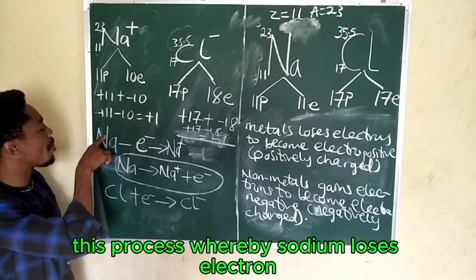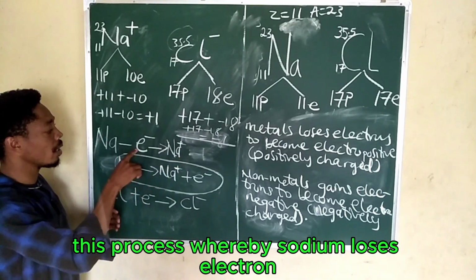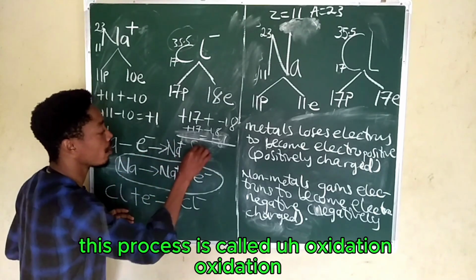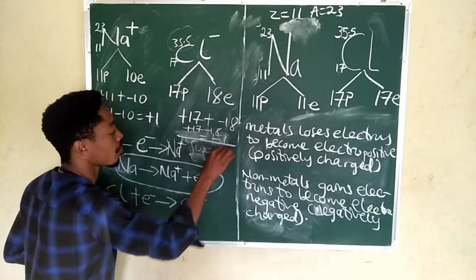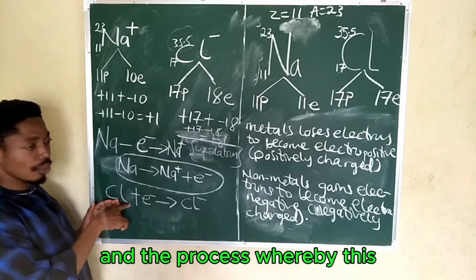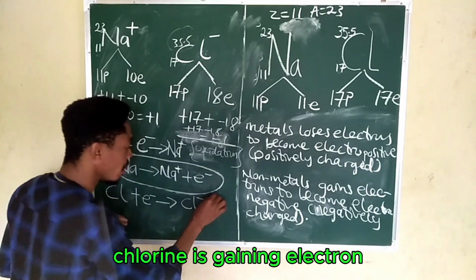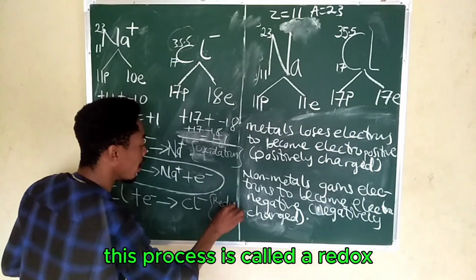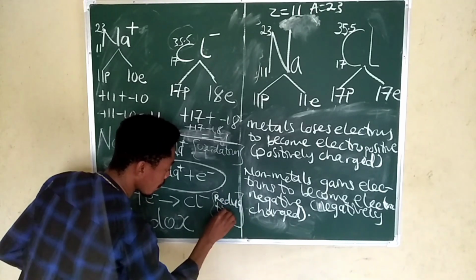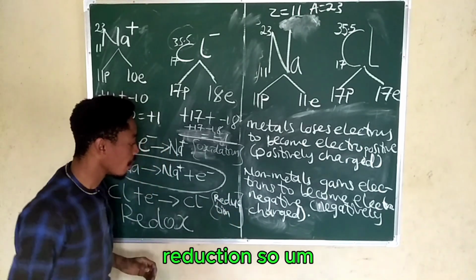This process whereby sodium loses an electron is called oxidation. And the process whereby chlorine is gaining an electron is called reduction.